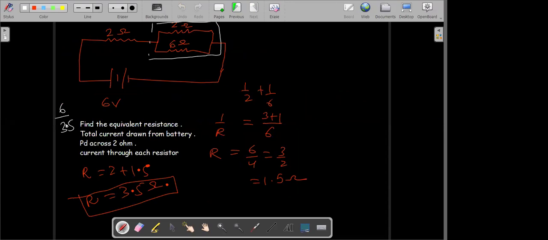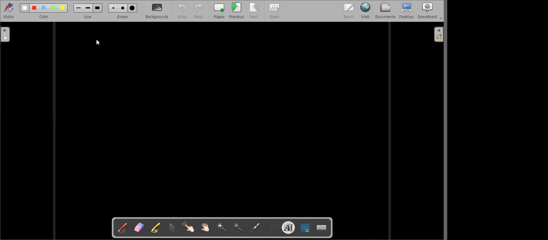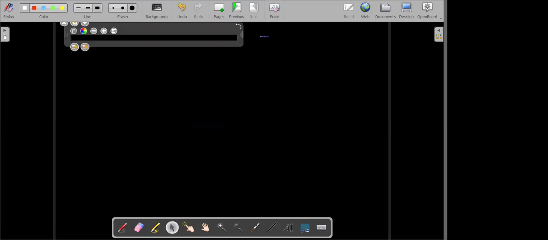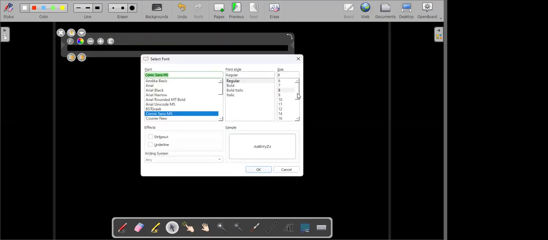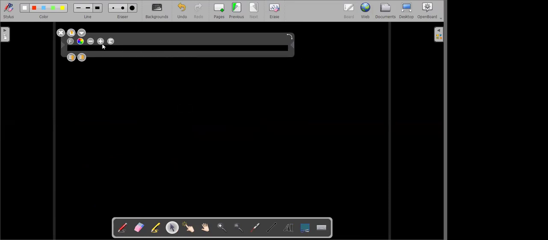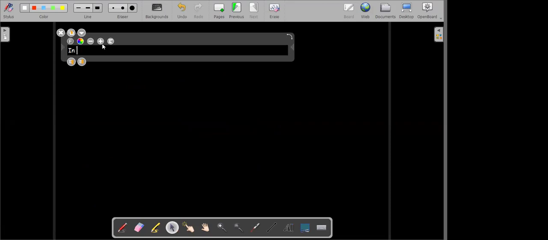Okay, let's try out a few more questions. We'll do a few questions from NCERT also. So first of all, keep these 2 points in your mind. What happened in series combination?